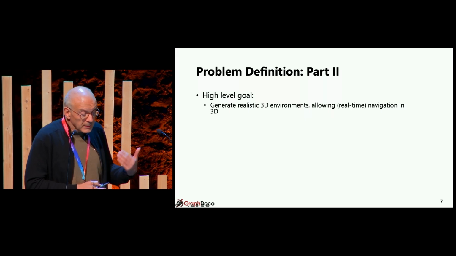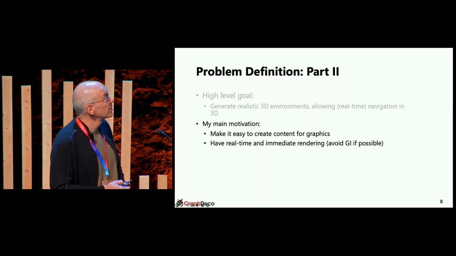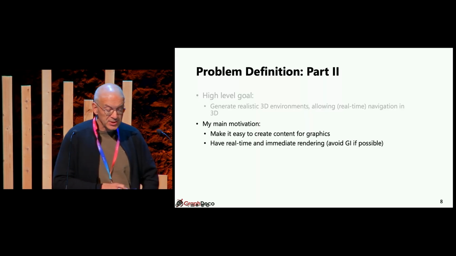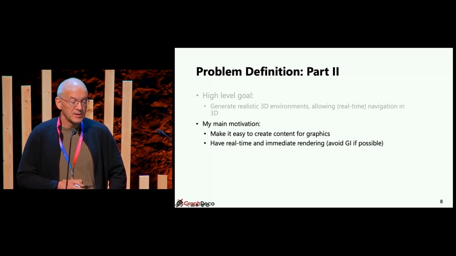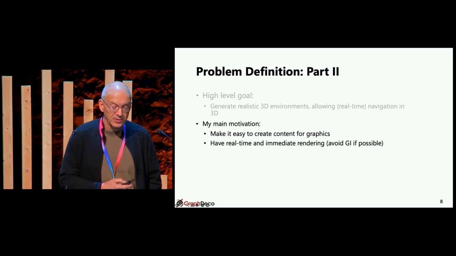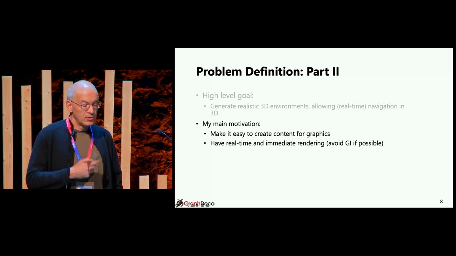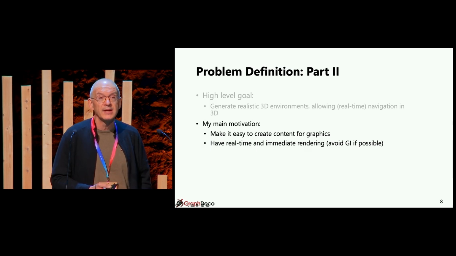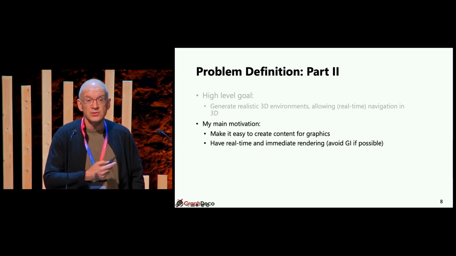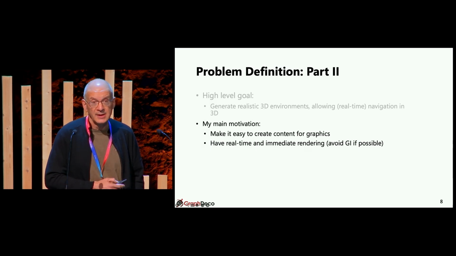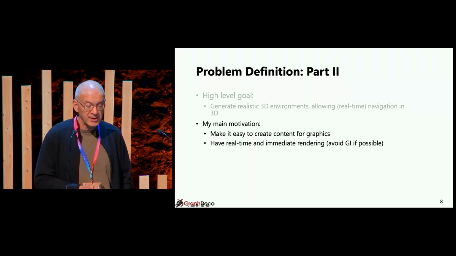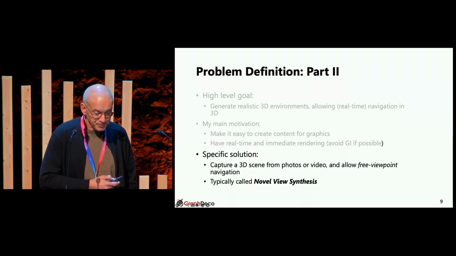So, as I said, this is my high-level goal, but my main motivation over the years has been to make it easy to create content for graphics and to allow real-time and immediate rendering, avoiding global illumination, so the accurate light transport step that is very computationally expensive.